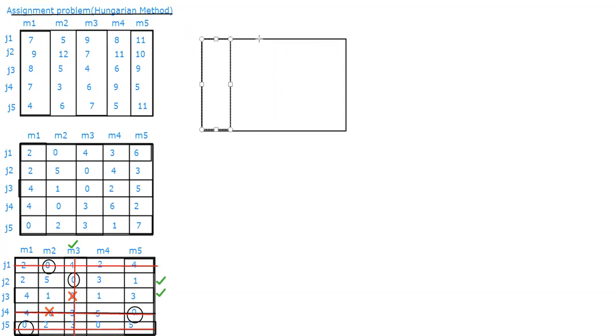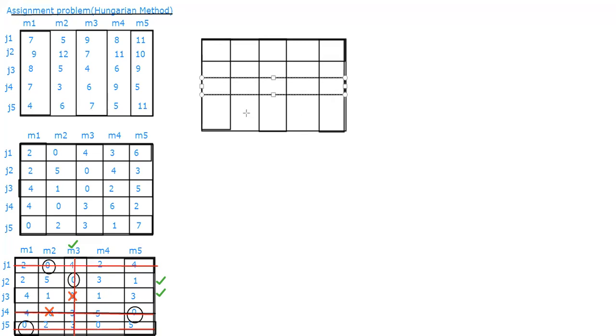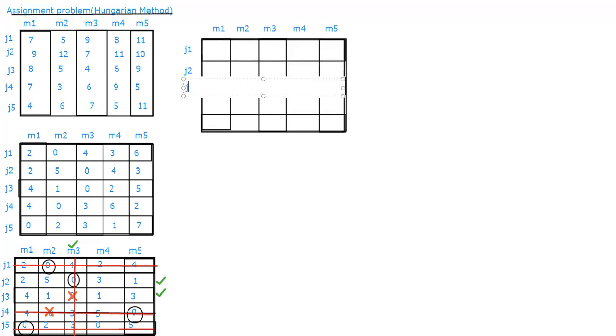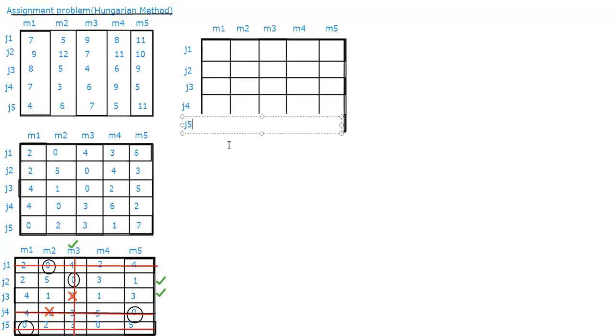Here 1, 2, 3, and M1, M2, M3, M4, M5, J1, J2, J3, J4, J5. So this I got it.